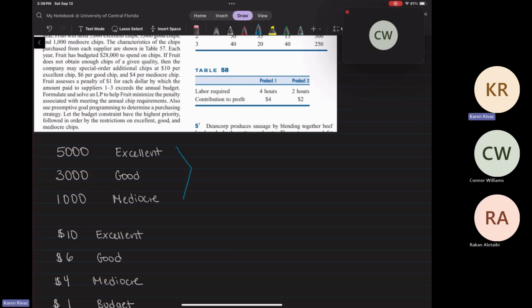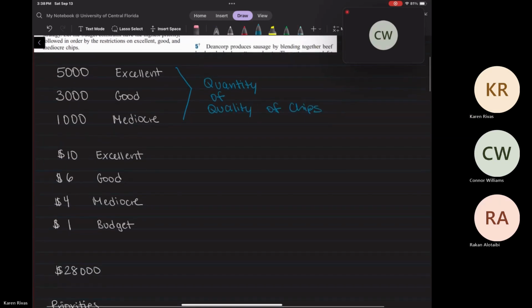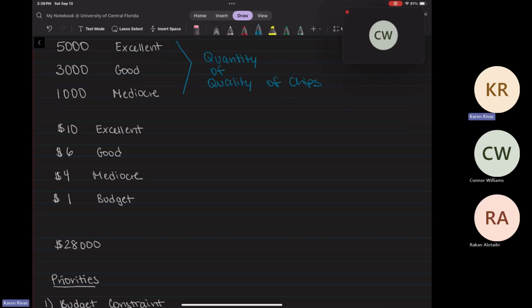So this quantity would be the quantity of quality of chips. There is a $10 penalty for each excellent chip that does not meet the requirements listed above.